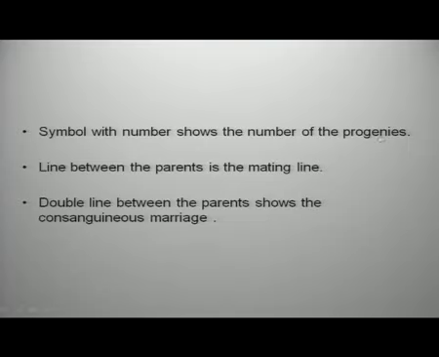A symbol with a number shows the number of progenies. The line between the parents is known as the mating line, and a double line between the parents shows consanguineous marriage, marriage between relatives, as I have already mentioned.